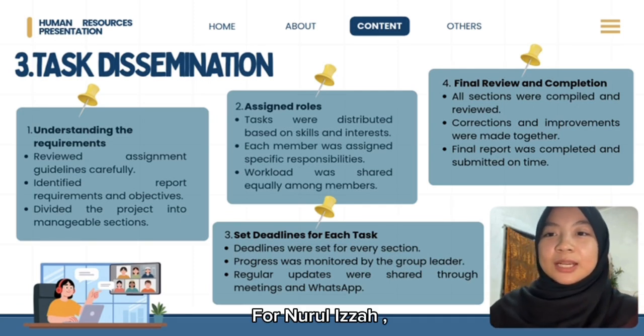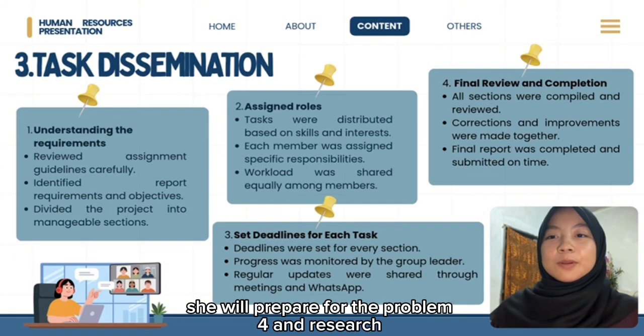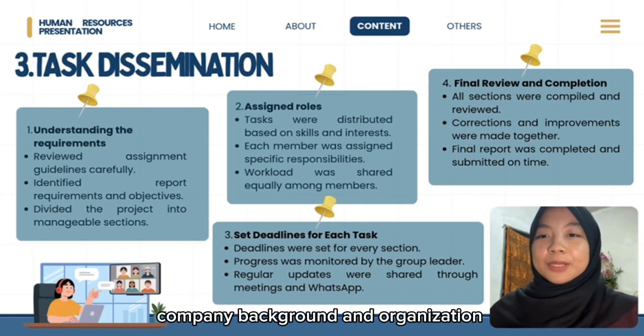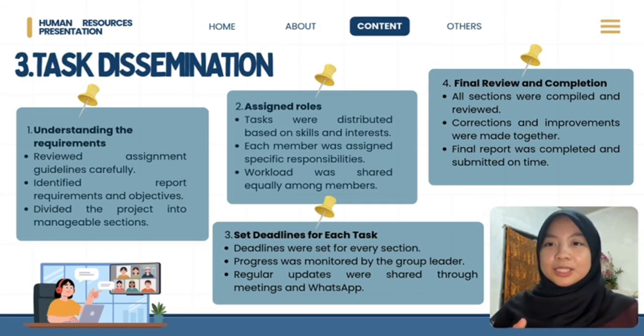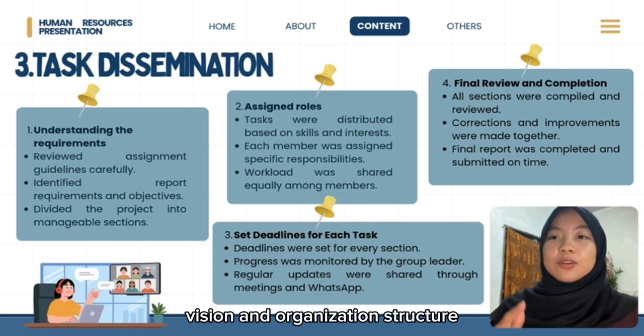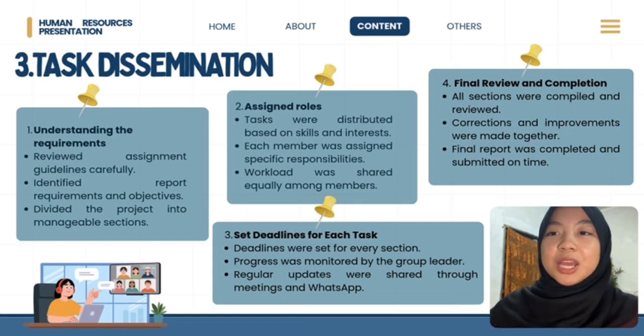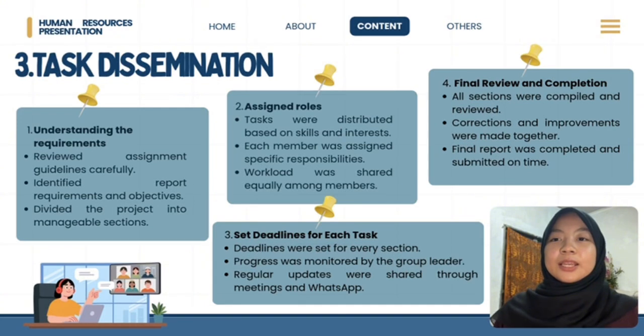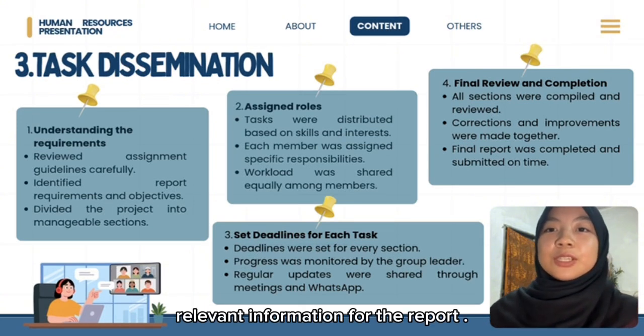For Nur Izzah, she will prepare problem 4 and research the company background and organization information about the mission, vision, and organization structure, as well as compiling relevant information for the report.